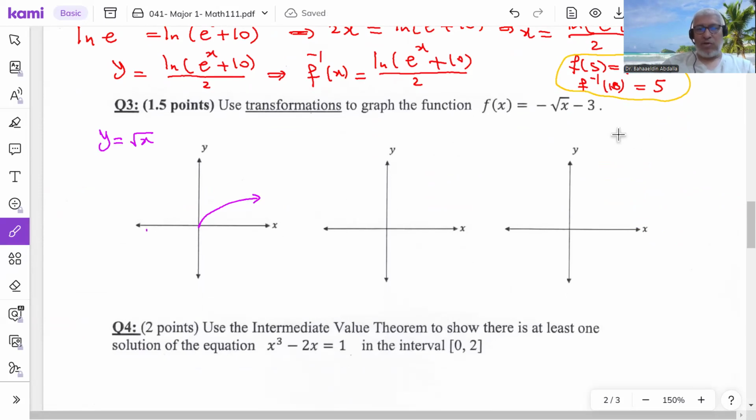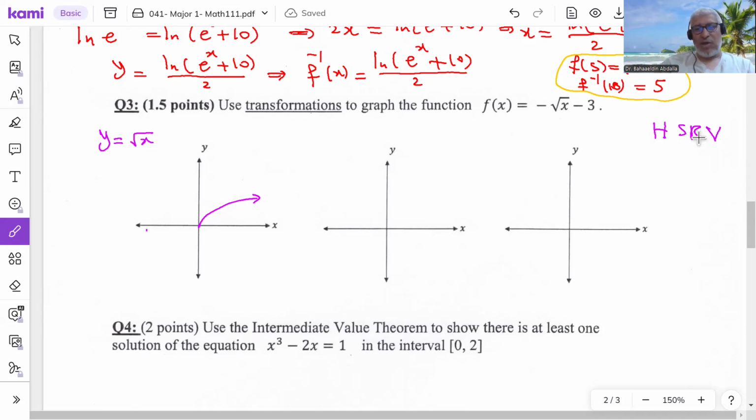Then, according to the order of transformations, we know that the order follows this rule: HSRV, where H is the horizontal shifting. We don't have a horizontal shifting here. So S, stretching, we don't have stretching.